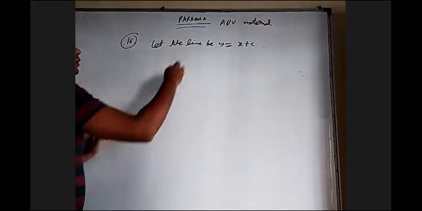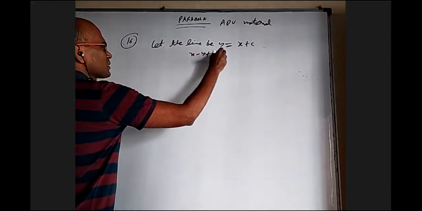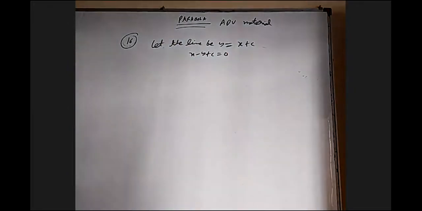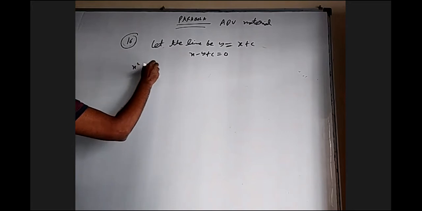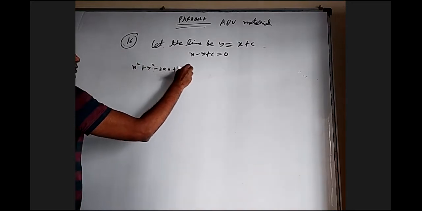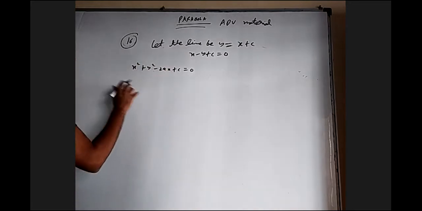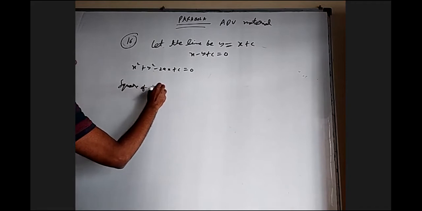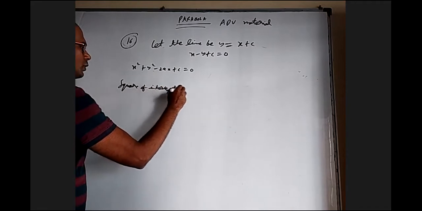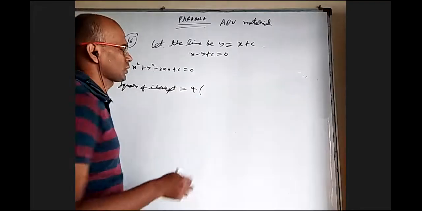All right. So this is x minus y plus c equal to 0. What is the intercept on the first circle? What is the first circle? x square plus y square minus 2ax plus c equal to 0. If I take a square of intercept, it will be 2 root r square minus d square normally.